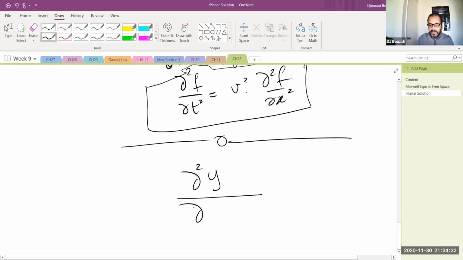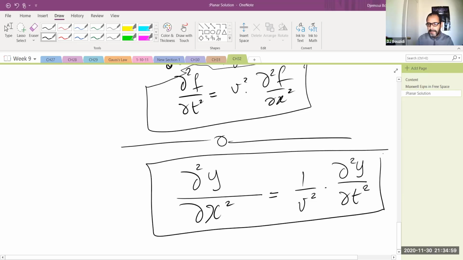That y, its second partial derivative with respect to x squared, is a constant positive. That's the key in here. It has to be a constant positive times the second partial of this y with respect to time. You say this is a wave.